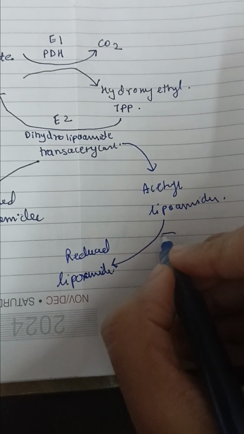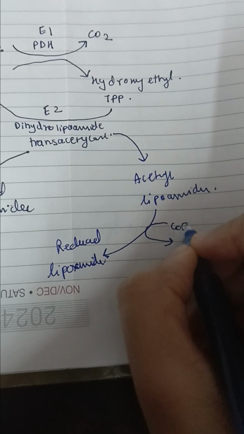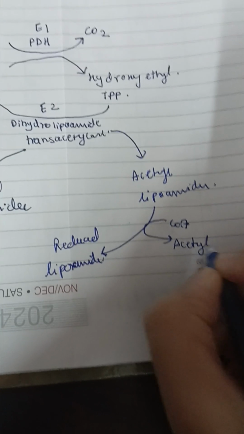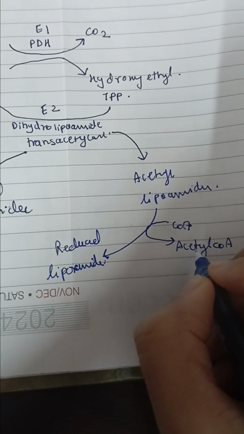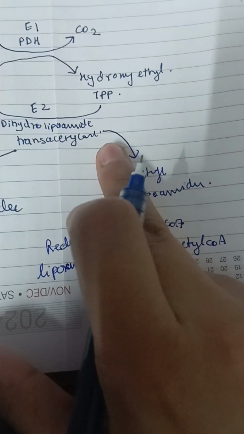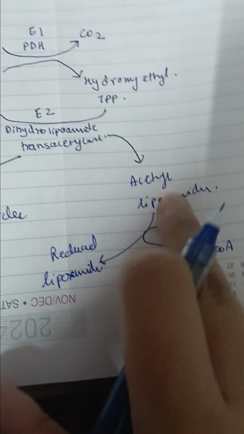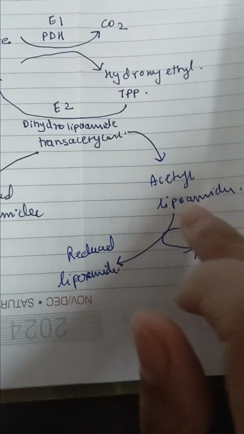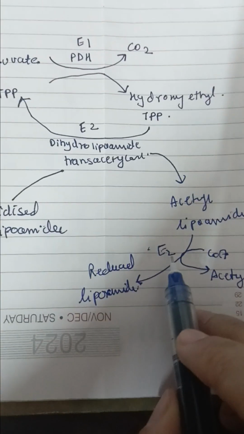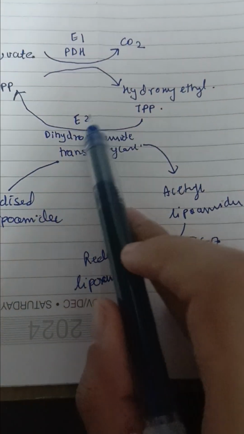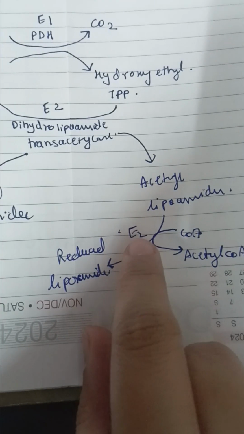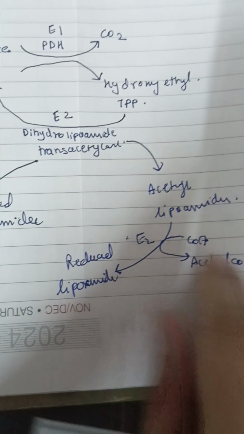It will bind with coenzyme A and convert into acetyl coenzyme A. This acetyl is coming from the acetyl portion of the acetyl lipoamide. So the acetyl comes here and the lipoamide goes here. And in this reaction also E2 is used, which means that E2 has two coenzymes: oxidized lipoamide and coenzyme A.